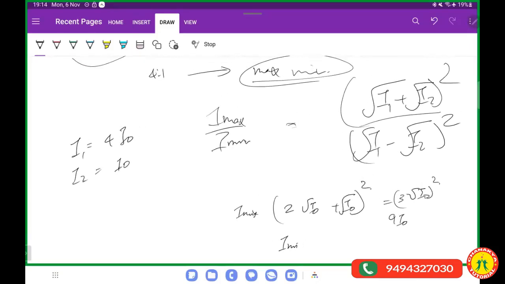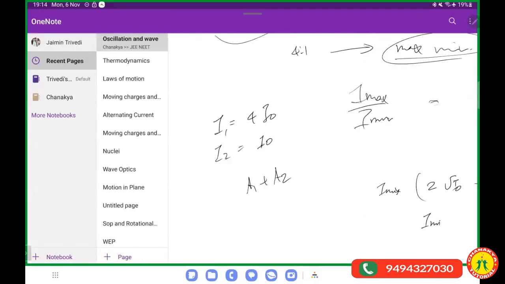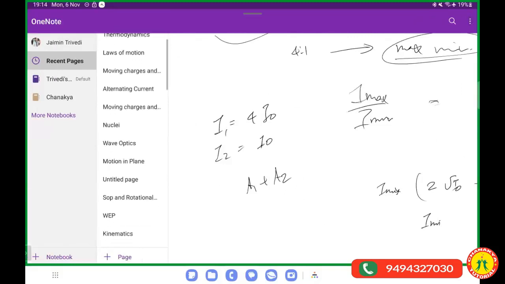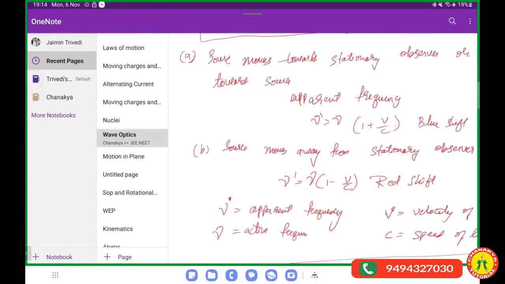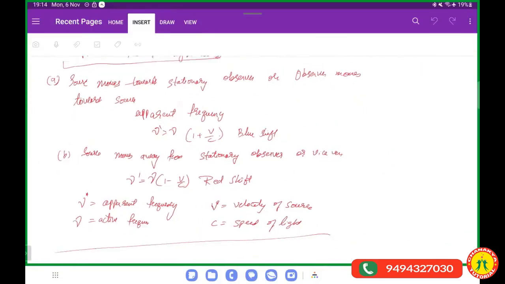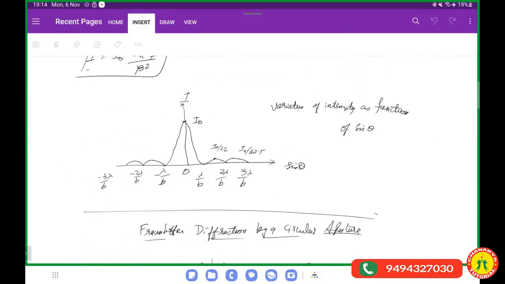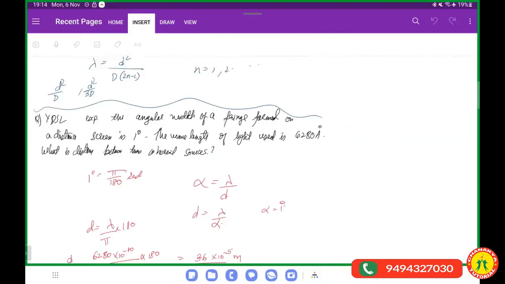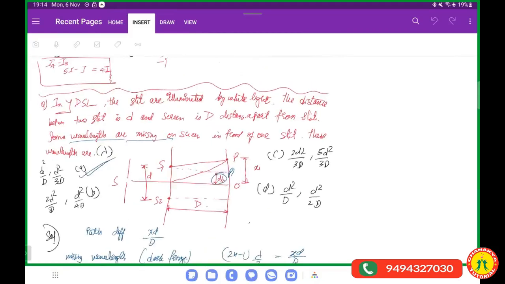Sir, Imax is A1 plus A2 whole square, and I minimum is A1 minus A2 whole square. Okay, I understood. Sir, I solved some questions in that way also. Where is this relation? I wrote it here somewhere.